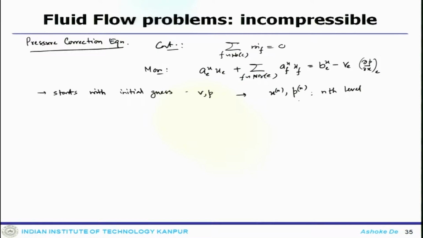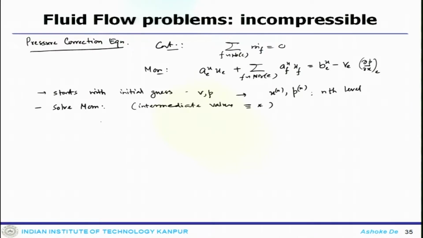Now, once you have a guess value, we can solve the momentum equation to get an intermediate value, which is denoted by star.